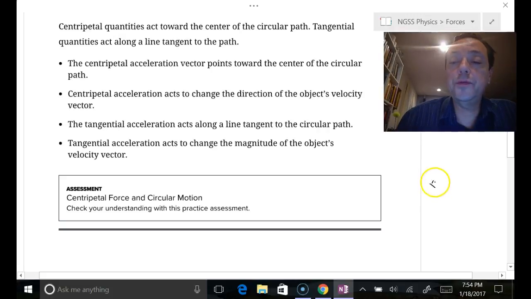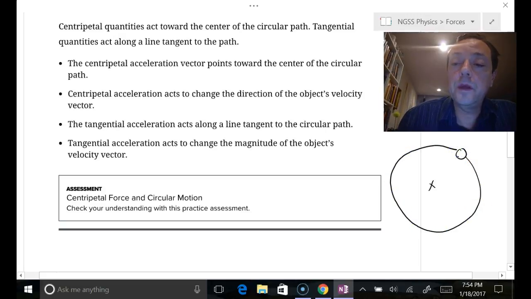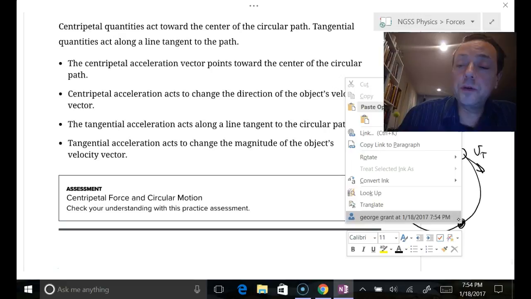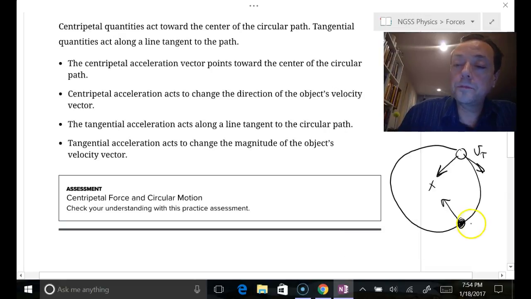Okay, so I drew this before. You have something going in a circle, right? Centripetal force and acceleration go that way, and the tangential velocity, if this is going around clockwise, will go in this direction, right? If you take a look at it a little while later, well, the force is still centripetal, and the velocity is tangential.